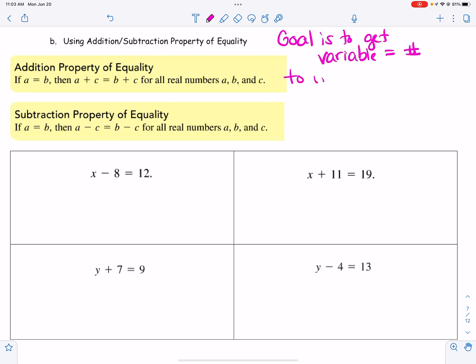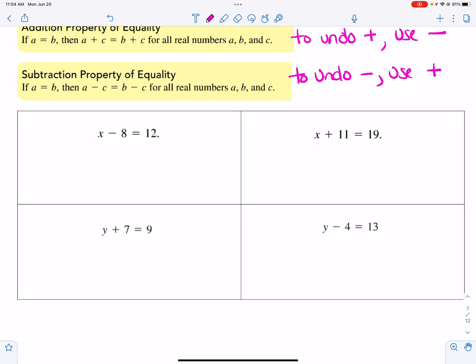To undo addition, we use subtraction. And to undo subtraction, we use addition. Now, I'm going to show you how we do this in words, and then I'm going to show you how we do it mathematically. What I want you to think of is a scale.